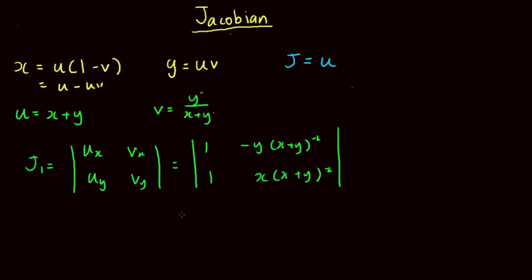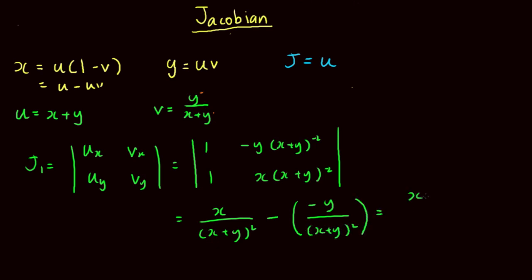So you'll end up having x over x plus y squared minus negative 1 times negative y over x plus y squared. So therefore you will end up having x plus y over x plus y squared.